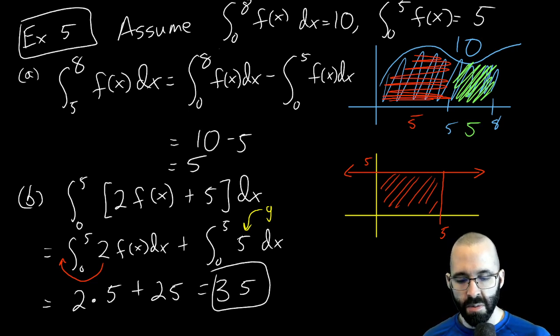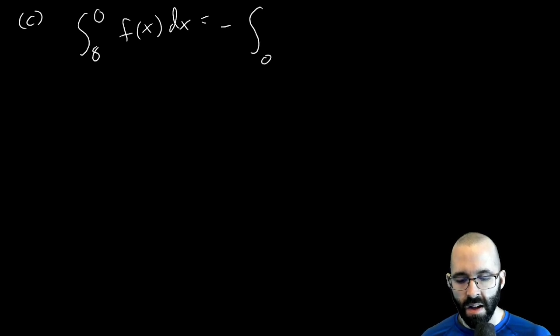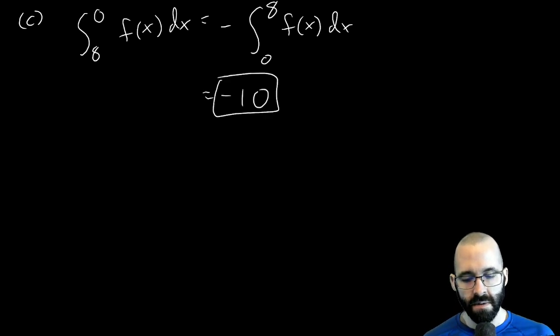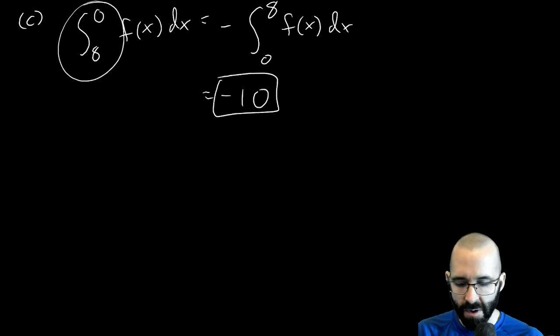We know the integral from 0 to 8, but we don't know the integral from 8 to 0. That's where we use that second property. This is the opposite of, whoa, that's not an 8. That looks like an infinity. It's just the opposite if you switch the limits of integration. So it's going to be -10. And again, this kind of deal, we're really not going to come up until later on in this chapter.